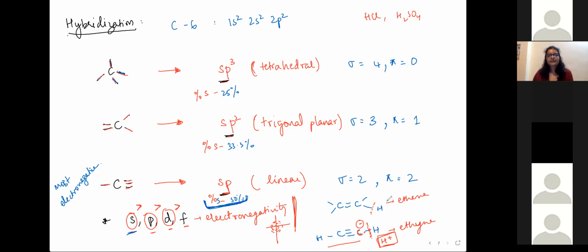So that's why ethine shows the most acidic property, or ethine is the most acidic out of all the hydrocarbons, if you compare it to any alkene or any alkane. But then even ethene is releasing hydrogen, right? It's not.